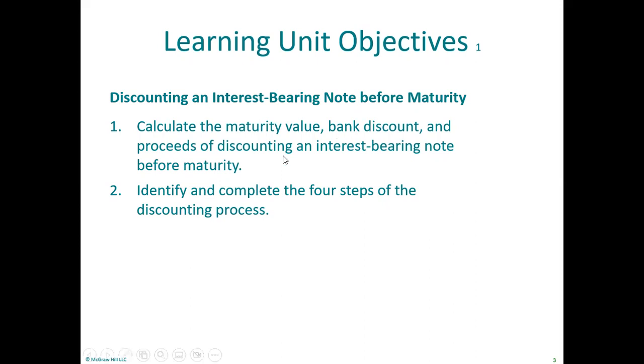We're going to calculate the maturity value, bank discount, and proceeds of the discounting on an interest-bearing note before maturity, and identify and complete the 4 steps of the discounting process. These are the things that we're going to focus on. Maybe we'll not be able to complete everything today, but definitely by next meeting we should be able to cover everything here.